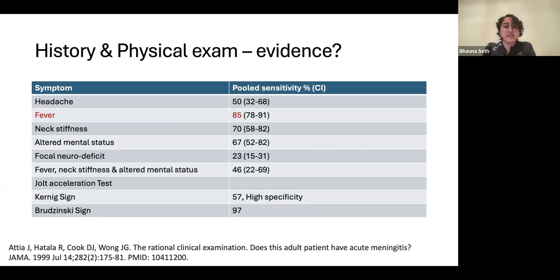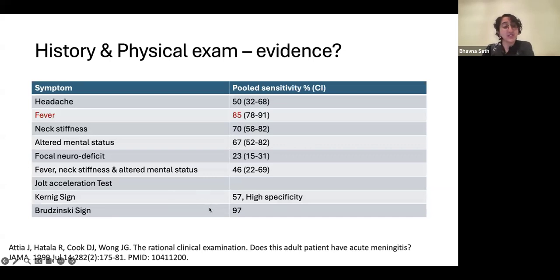And the JAMA series is a great series on the rational clinical assessment and what features are most sensitive and specific. In his case, having a fever is a very high risk, but that coupled with other factors increases your pre-test probability that this is meningitis.